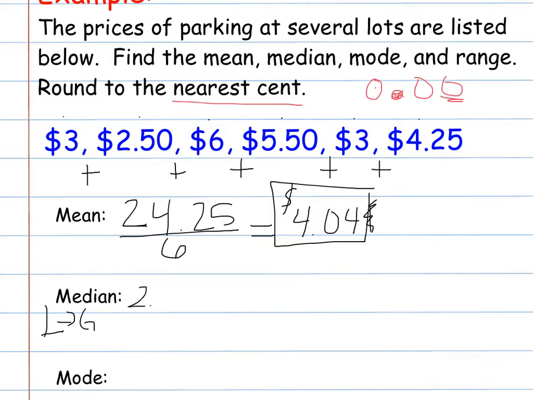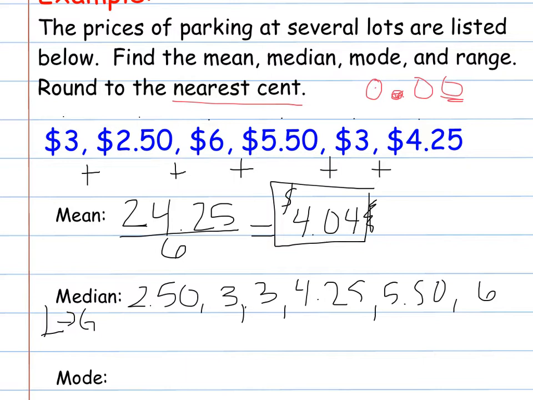The median, remember we have to order numbers least to greatest. So we're going to order 2.50, then 3, then 3, then 4.25, then 5.50, then 6. So we're going to cross off least to greatest to find our middle.